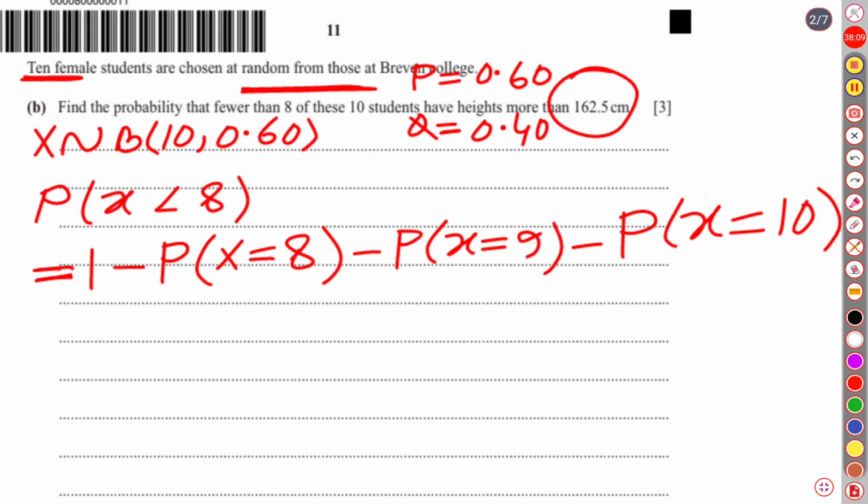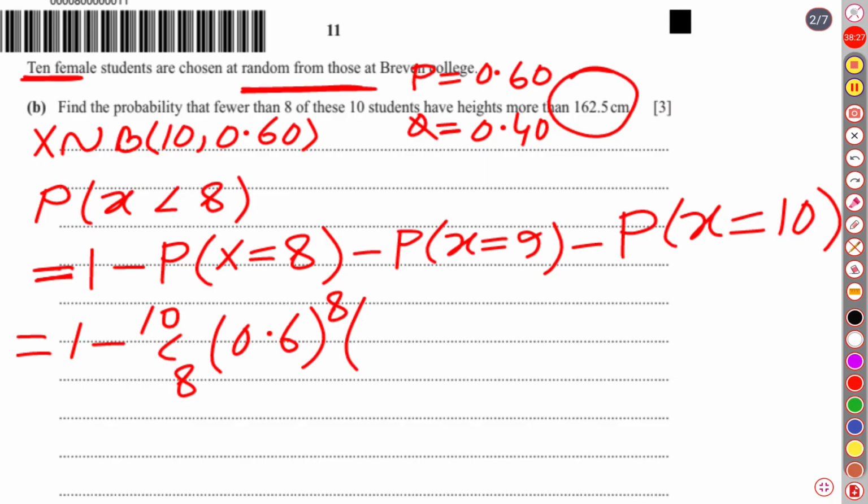Well, then how to write this? We are going to write 1 minus 8 out of 10, so 10 choose 8 students. Probability is 0.6, how many times? 8 times, probability of 8 students.